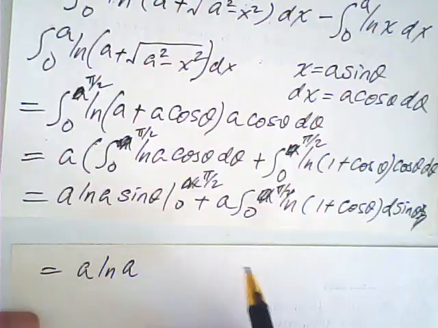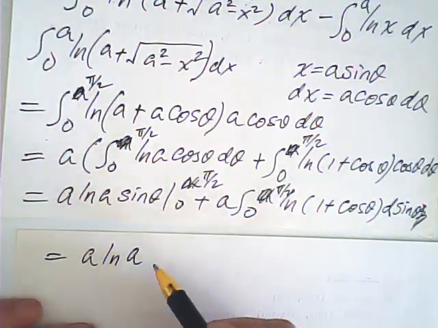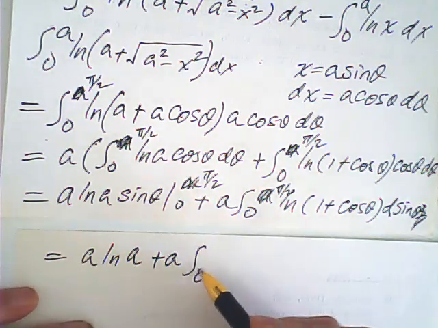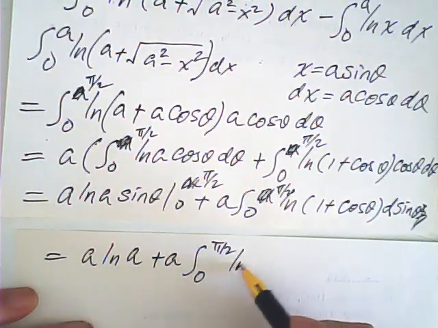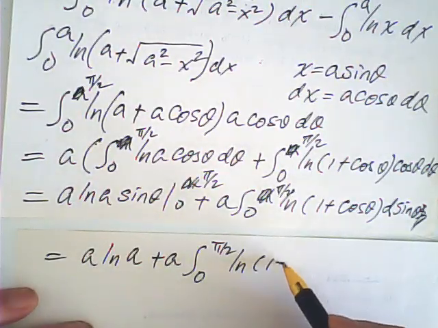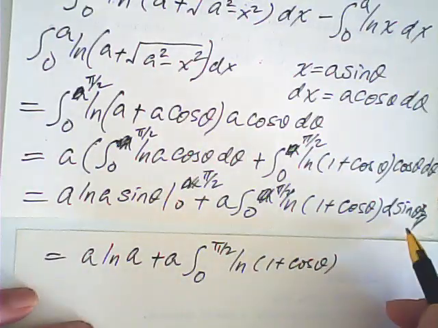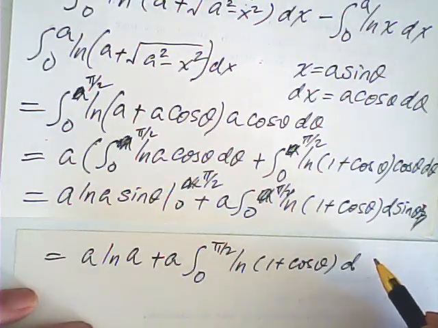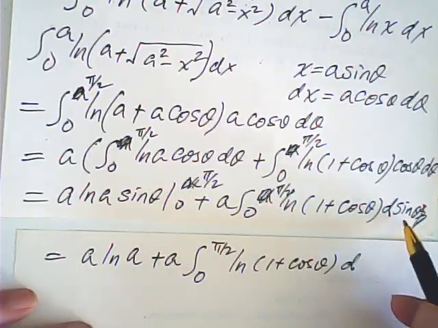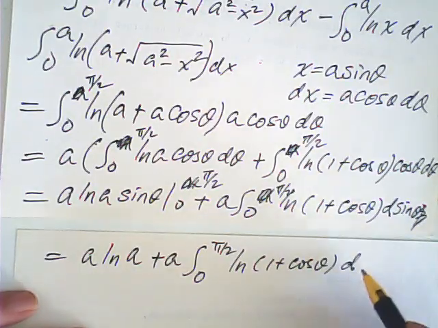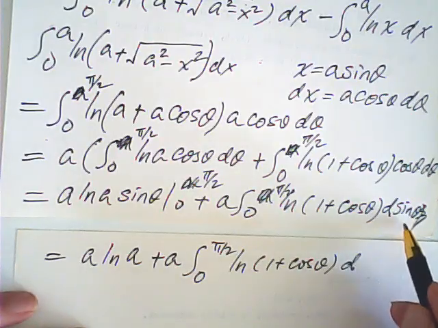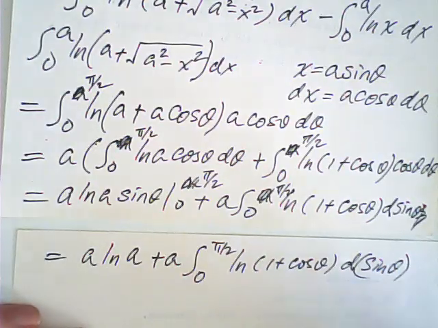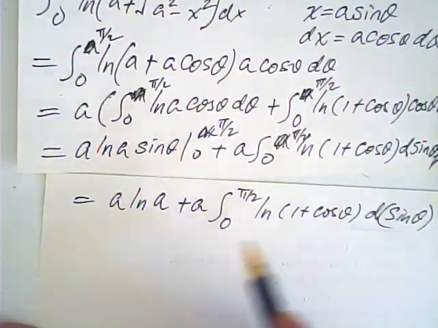Now for this integral, a times the integral from 0 to half pi of natural log of 1 plus cosine theta, d sine theta, right? So I can use integration by parts.